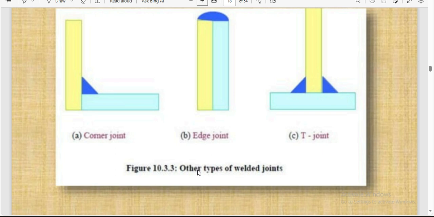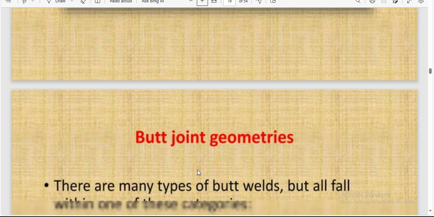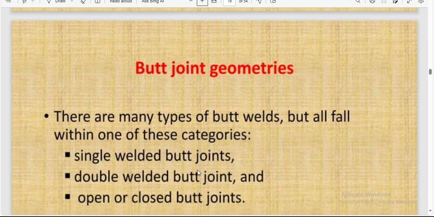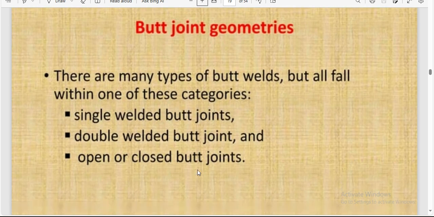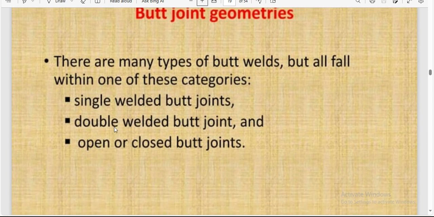Other types of welded joints are in this figure. There are many types of butt welds, but all fall within one of these categories. As we see, a single welded butt joint means the two face edges of the materials are connected. A double welded butt joint may be V, U, or J. Open and closed butt joints.